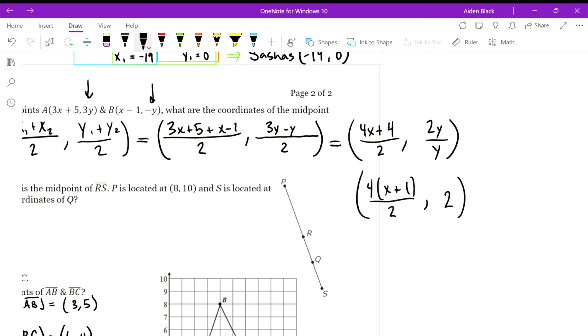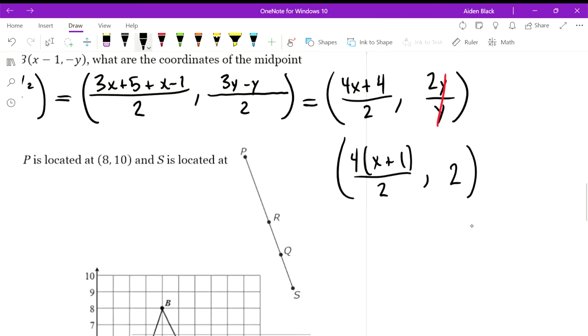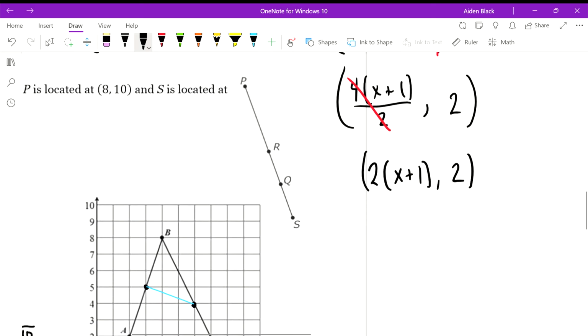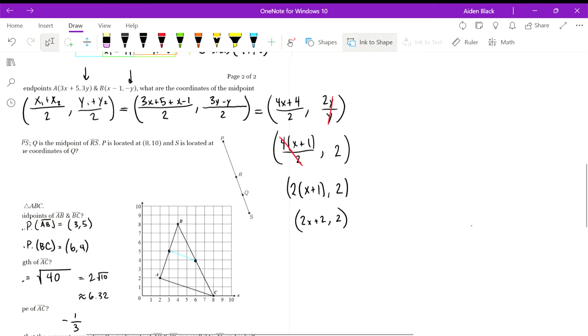These cancel. So let's finish this. 4 divided by 2 is just 2. So we should end up with 2x plus 1 comma 2, which this will reduce to 2x plus 2 comma 2. So this is the correct answer for this problem.